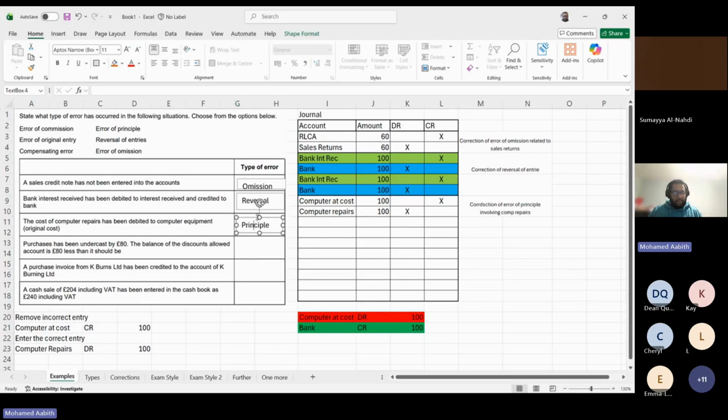So I'm going to quickly copy this, paste it here. There's another example of error of commission as well, but I'll explain what happened here.